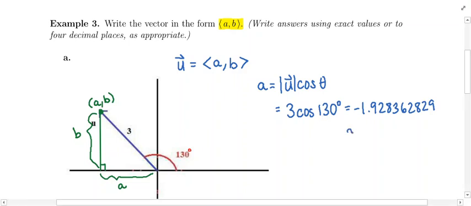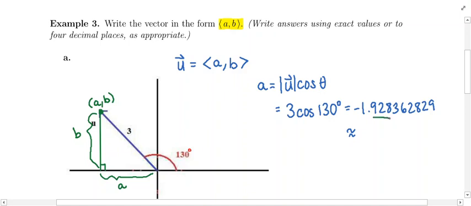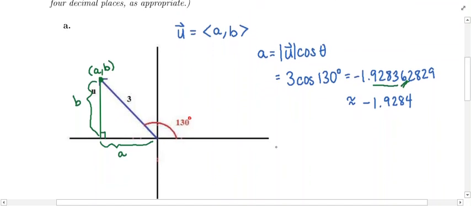If I round this value to 4 places after the decimal point, we've got 9283, there's a 6 coming afterwards, so we're going to round this to negative 1.9284. We need to get the vertical component now. To get the vertical component B, that's going to be the magnitude of the vector times the cosine of the angle.